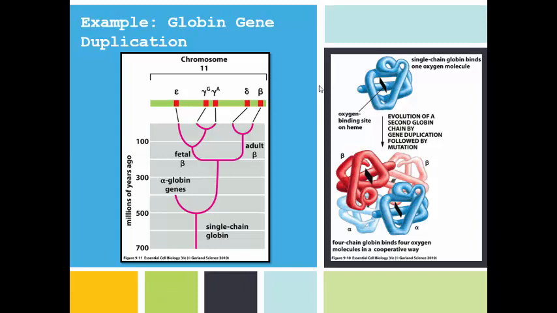In primitive animals, only the alpha chain is needed to meet the oxygen demands of the organism. However, as you can see, around 50 million years ago, this single gene became duplicated and split into alpha and beta chains. This duplication creates a very efficient 4 subunit protein that carries oxygen in larger animals.